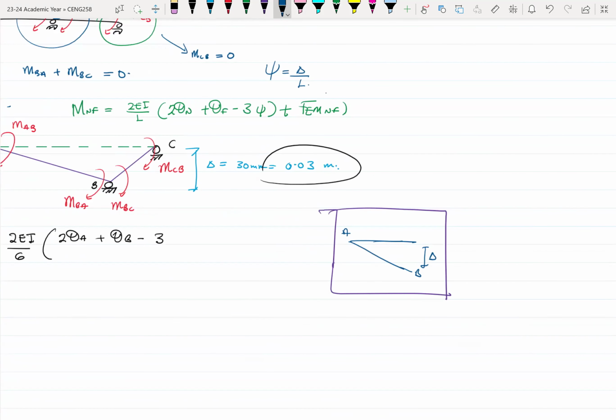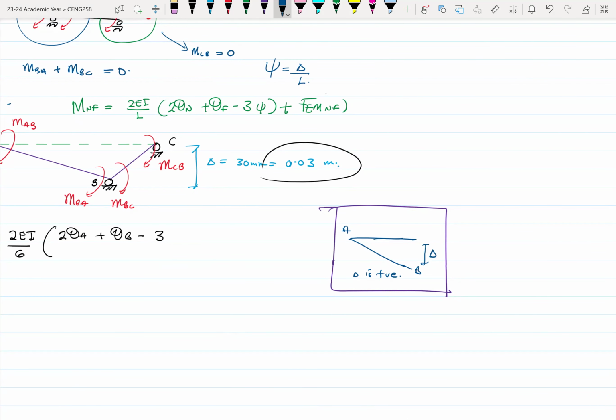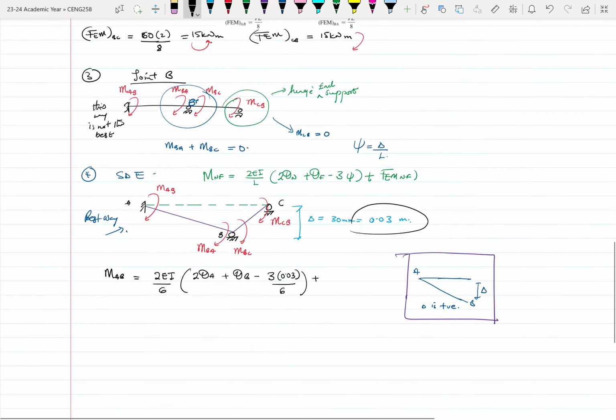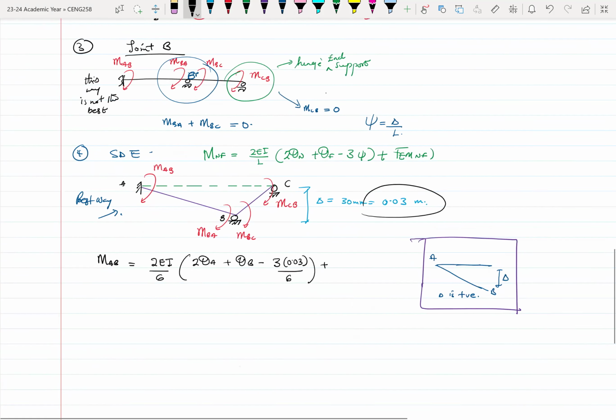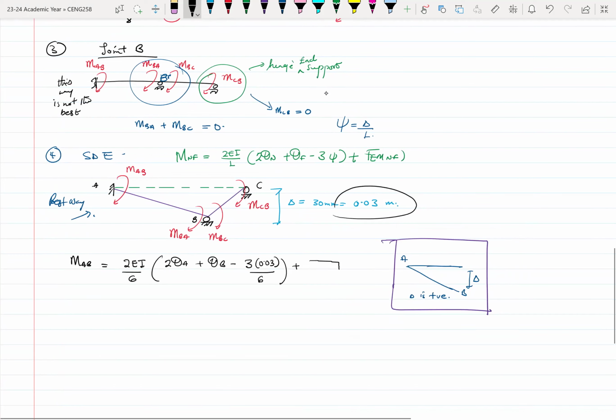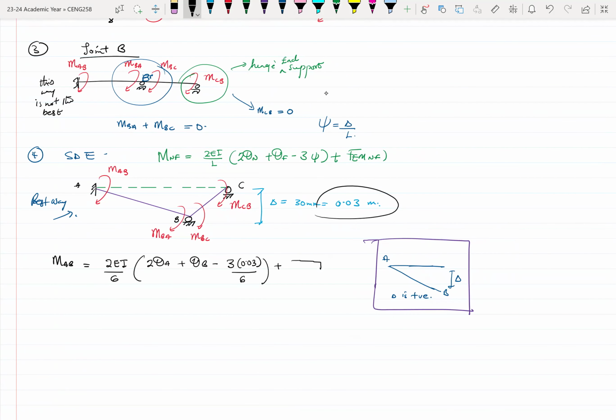If the right side is lower than the left side, which is what we have in this case, then delta is positive. Okay. So the delta will remain positive, which we know to be 0.03 over the L, which L is 6, plus the fixed end moment, FEMAB. All right. So let me just put here FEMAB.